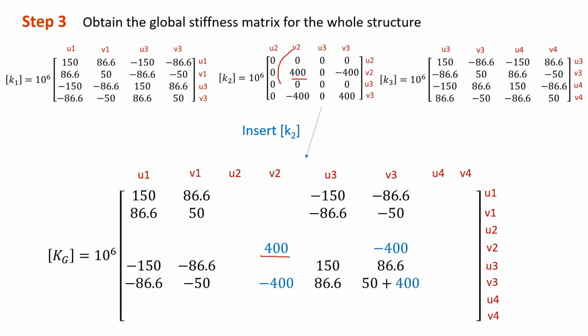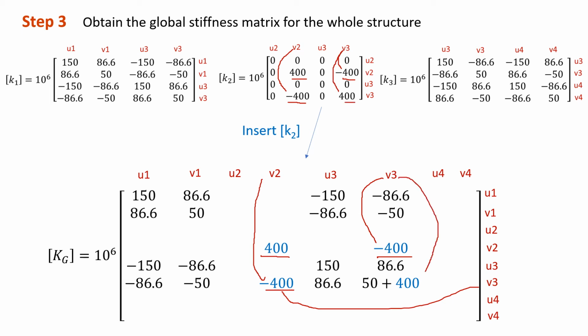Next is V2 and V3, which is negative 400, so we have negative 400 here. Next is V3, V2, here we have negative 400, and the last one is V3, V3, which has 400 here. Whenever we have overlap, we just need to add.